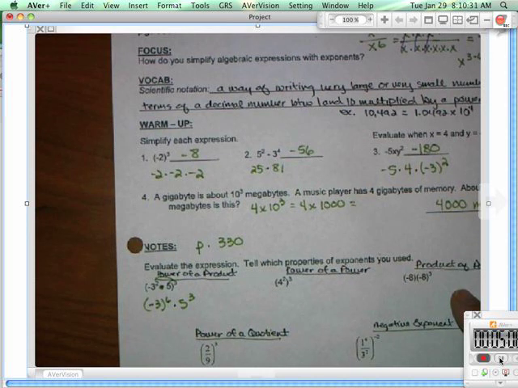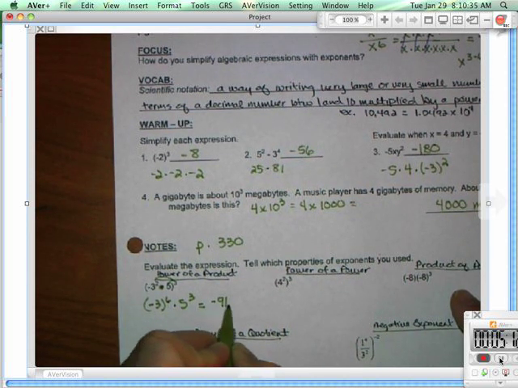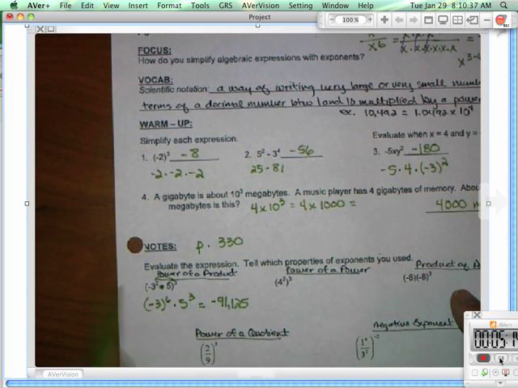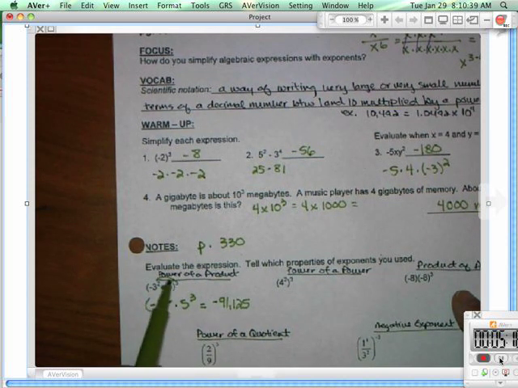And if you do that on your calculator, you would end up with negative 91,125. So remember, when you have an exponent raised to an exponent, you kind of distribute that 3 onto both of these things inside here. And a power to a power is 3 times 2, which is negative 3 to the 6th.